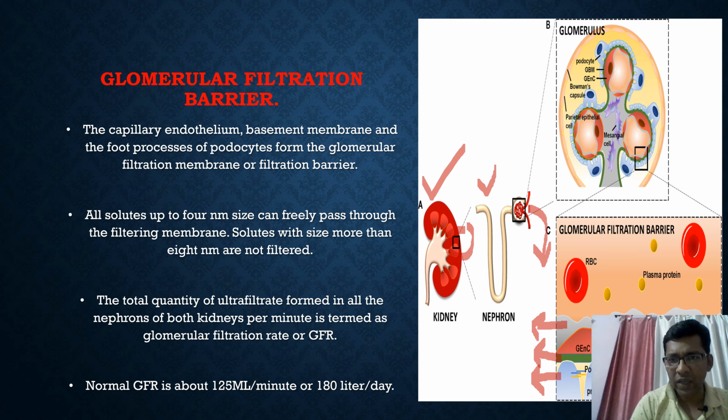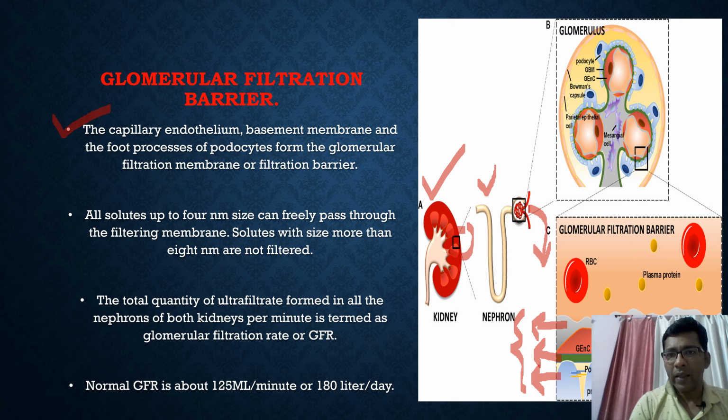These three structures make the glomerular filtration barrier. So, let us read about the capillary endothelium, basement membrane and the foot processes of podocytes from the glomerular filtration membrane or filtration barrier.